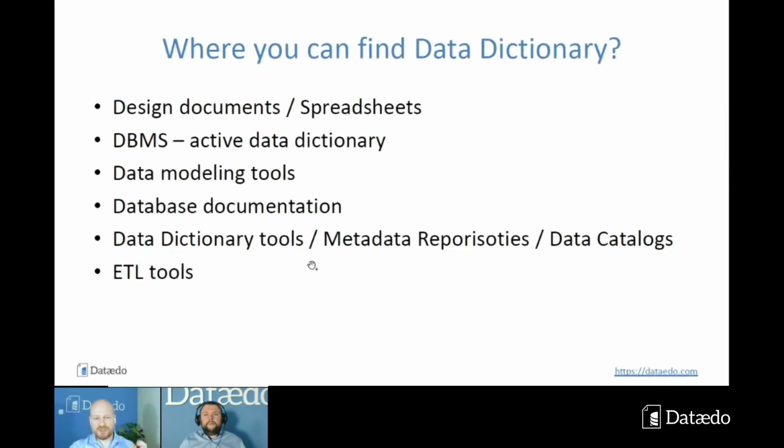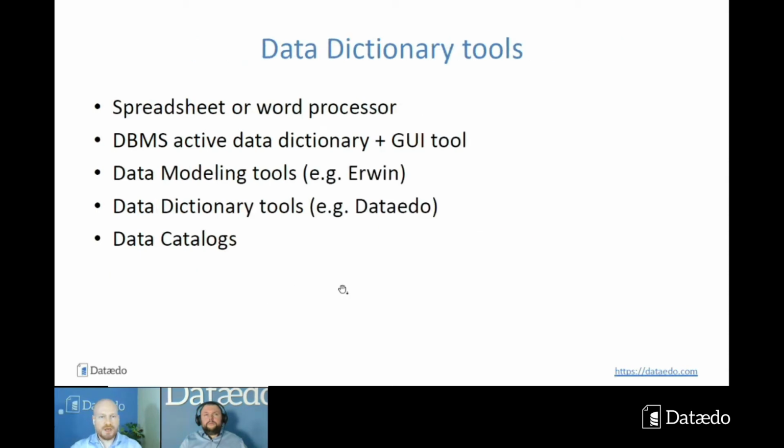You can look into the metadata tools like data catalogs, data dictionary tools like Dataedo, or any other metadata repositories. It can be also found in some ETL tools which need to be aware of the structure of the data. So there are many places you can actually look into to get some insight about the data you have, not just the database itself or the files in the data lake.